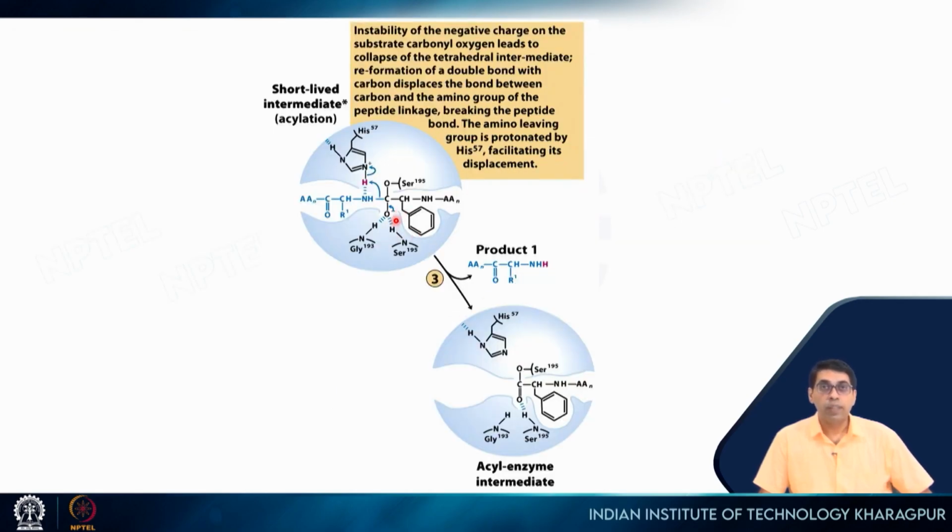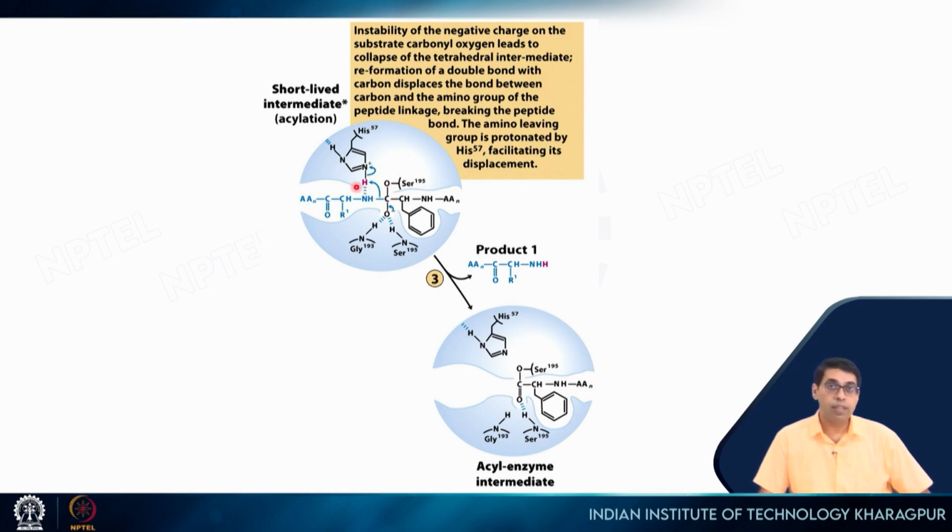Now, two things can happen. Either this carbon oxygen bond can break or this carbon nitrogen bond can break. You will see that this nitrogen forms a hydrogen bond with the histidine side chain, which is positively charged, right? So this makes this a very good leaving group, which means that it destabilizes this nitrogen carbon bond and ensures that this is the bond which breaks more often compared to this carbon oxygen bond.